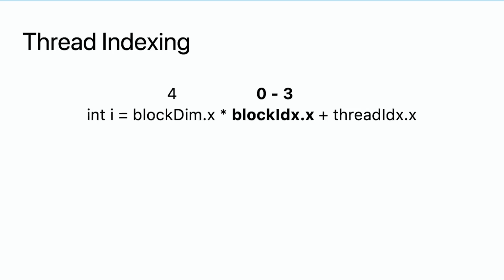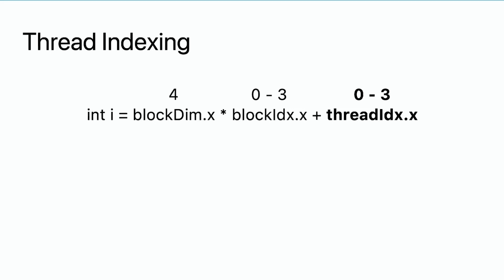Then the block index specifies which block the thread belongs to within the grid of blocks. Since there are 4 blocks in the grid, the value of blockIdx.x can be any number from 0 to 3. Next, the threadIdx.x specifies a local thread ID within a thread block. Since the number of threads in a block is 4, the value of threadIdx.x can be any number from 0 to 3 as well.